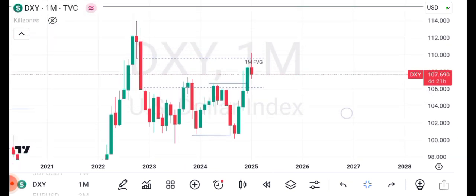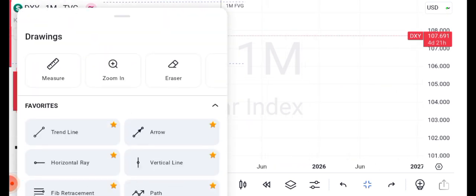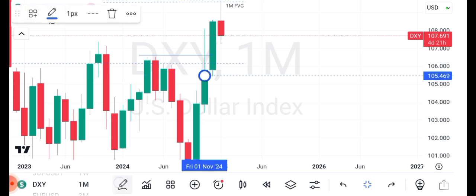So we can expect price to come lower into any of these reference points, any of this internal liquidity.